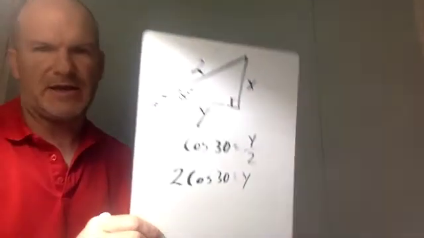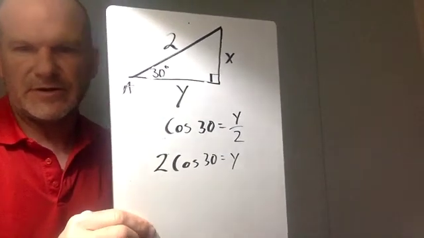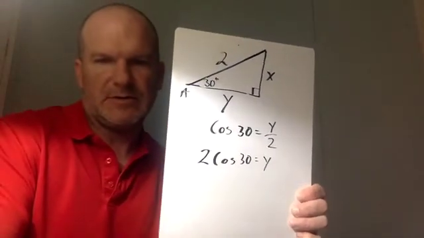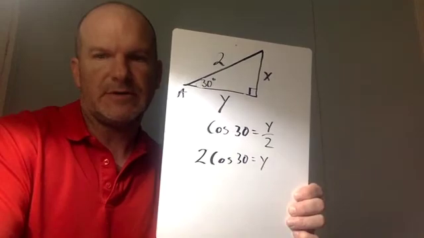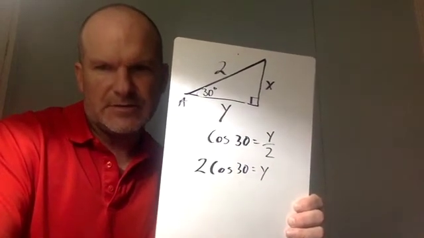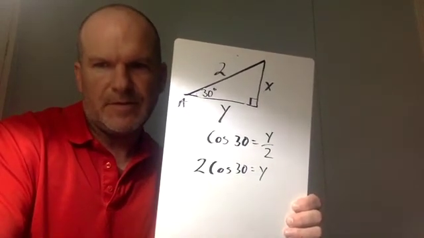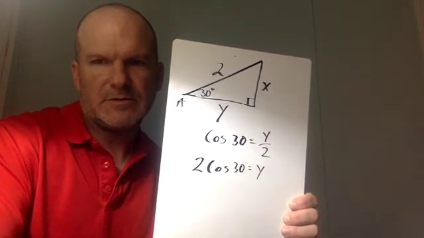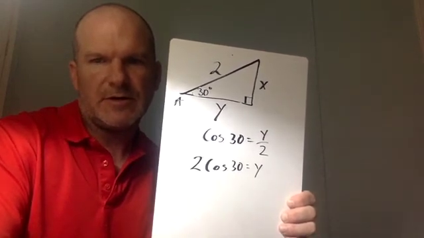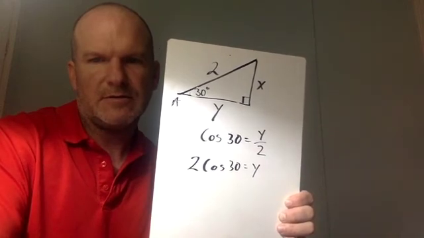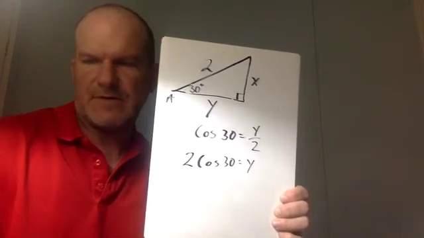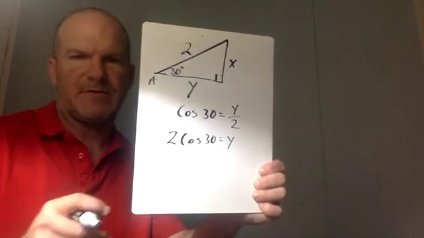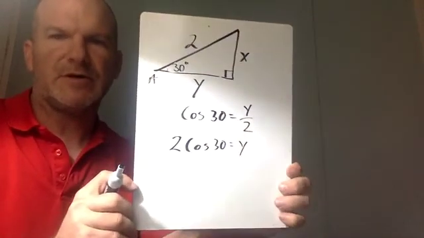So it's 2 times some decimal cosine 30, which, let me see, I'll pull up the calculator real quick here and tell you what that is. Cosine 30 didn't work. Oops. What's wrong with my calculator? Oh, you have to hit 30 first and then cosine on my calculator.